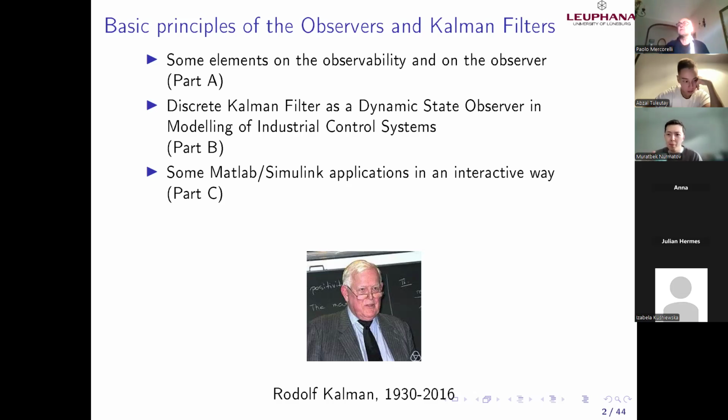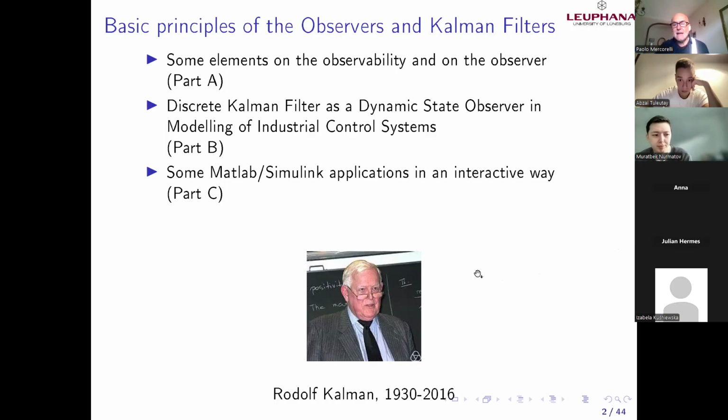We have the license for the students. You can connect remotely and use all the tools of MATLAB because you are a student at Loifana. This means you have to use MATLAB in any case, because of the risk that we lose this privilege of having the MATLAB tools at our disposal.